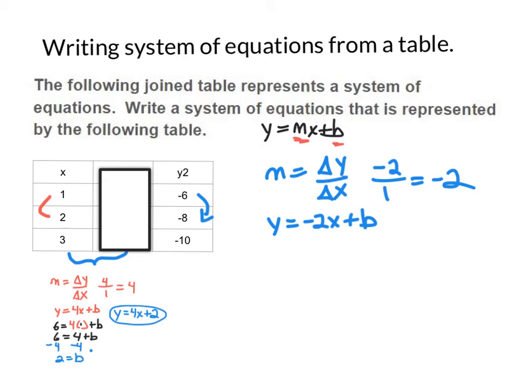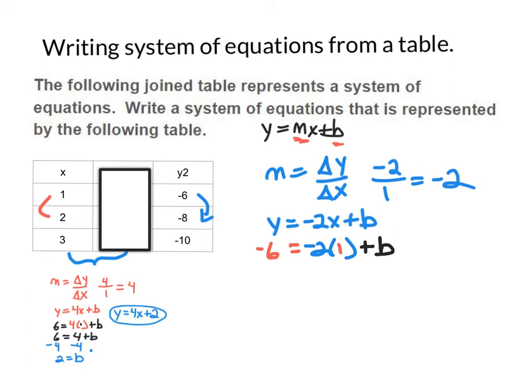So I'm going to replace x with 1 and y with -6. So when we do that, we have -6 equals -2 times our 1, and then of course plus b.